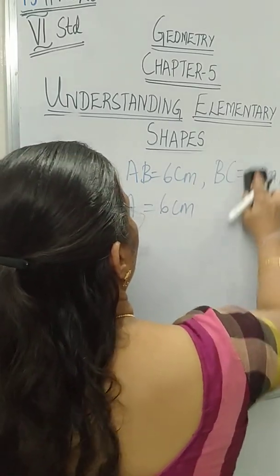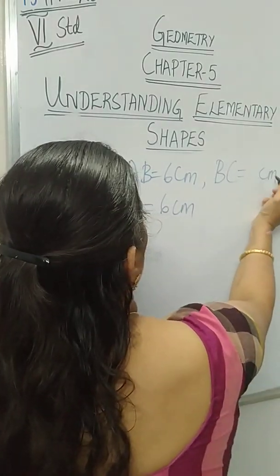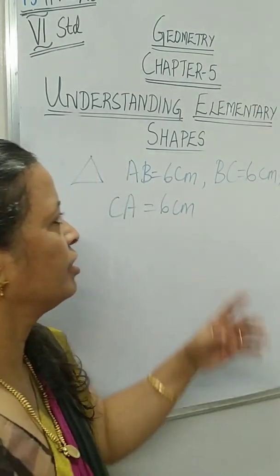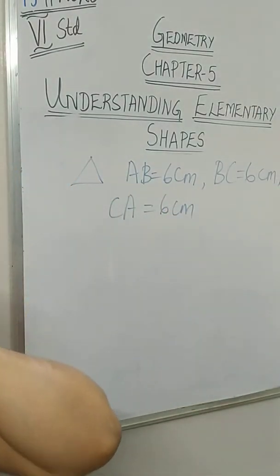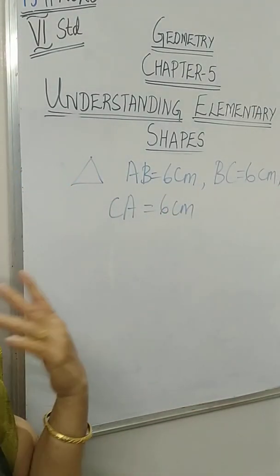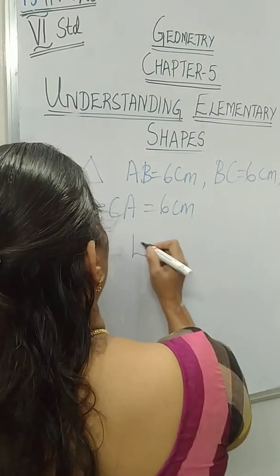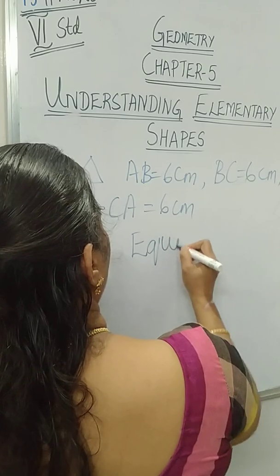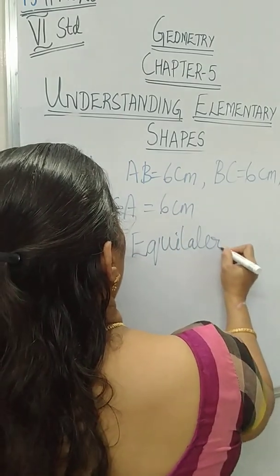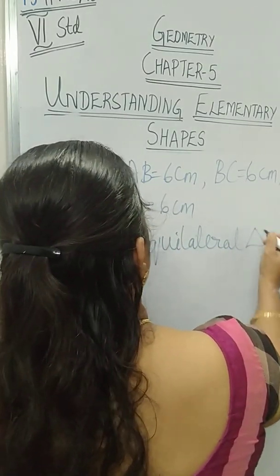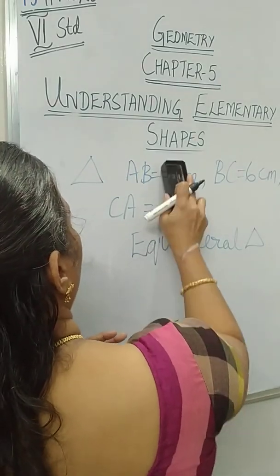Now another example you think. Here also it is 6. So all the three sides are of 6 centimeter. So what type of triangle is it? It is equilateral triangle. Don't think it should be only 6. I'll change everything now.